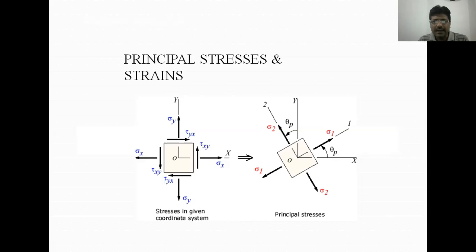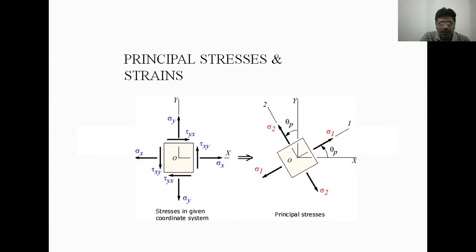Similarly, if a body is under two equal and opposite forces, they will try to shear the body. The stresses developed thus are known as shear stresses, and they are accompanied by equal and opposite conjugate shear stresses. If we see, there are two shear stresses.